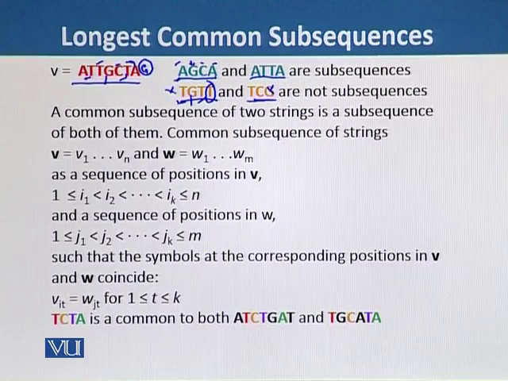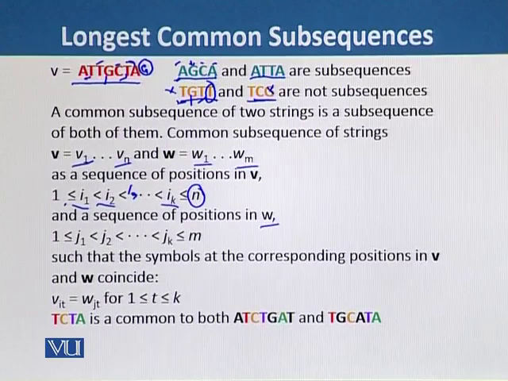So a common subsequence of two strings is a subsequence of both of them. For example, V equals V1 to Vn, and W equals W1 to Wm. As a sequence of positions in V, 1 should be less than or equal to i1, and i1 should be less than i2, and i2 less than i3, up to ik, and ik should be less than or equal to n.